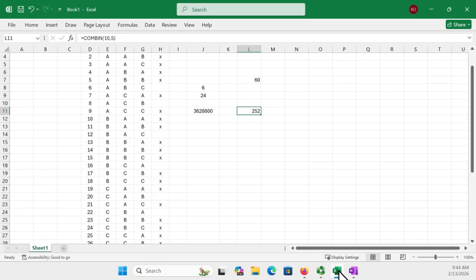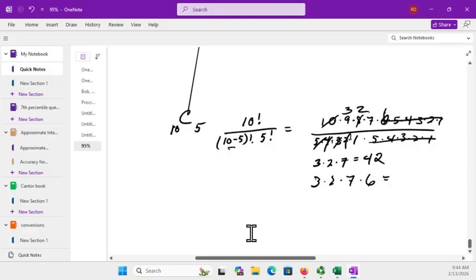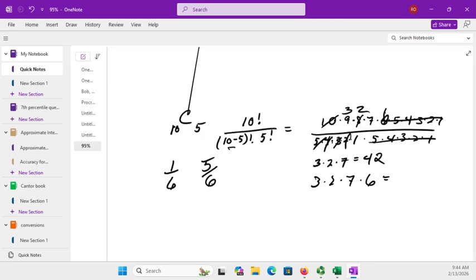The probability of a 6 is 1/6. What's the probability of not getting a 6? 1/6 to get the point I want, and 5/6 gives me everything else.